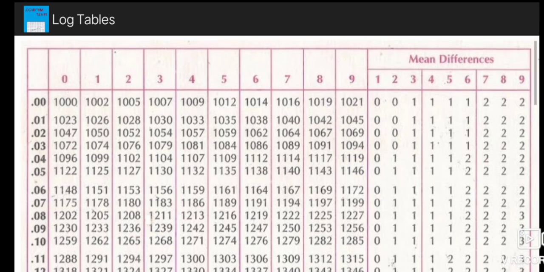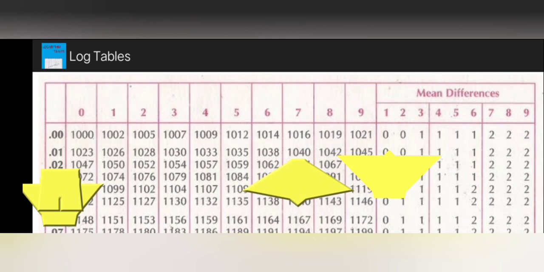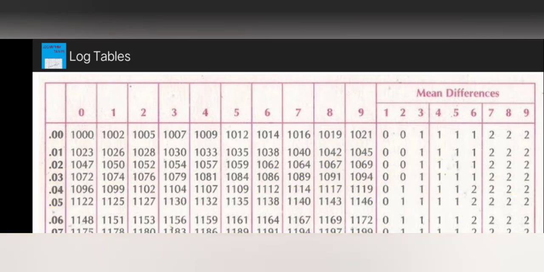Antilog of this 0 1, for column 0 1 in 7 1, add this 0 here and we will get 0.1040.